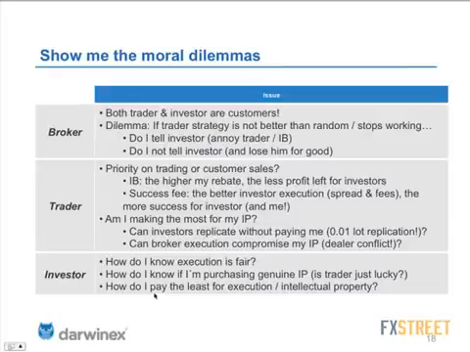And then obviously from the trader standpoint, they also want to see how they get paid for the intellectual property. So you can make sure that if you have a very good smart investor who knows that you're a good trader and you're letting him know that you just traded the euro-dollar, then you put yourself in a pretty vulnerable position, because then it's a question of trust that he's going to pay you for the full amount that he's benefiting from you, as opposed to doing the 0.01 replication.